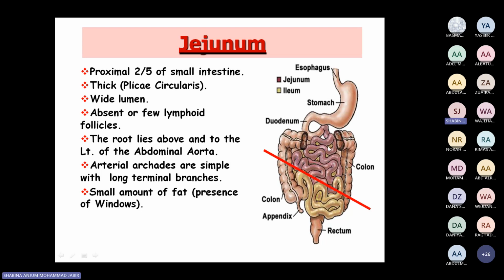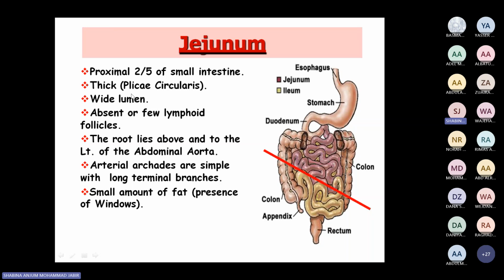If we want to know whether they are different, they have some features by which you can differentiate, but it is not total. There is a slow transition from the features of the jejunum to the ileum. The jejunum is about 2/5 of the small intestine. In the living or in a cadaver, if you try to feel the lumen, you will feel that the lumen of the jejunum is wide and thick.